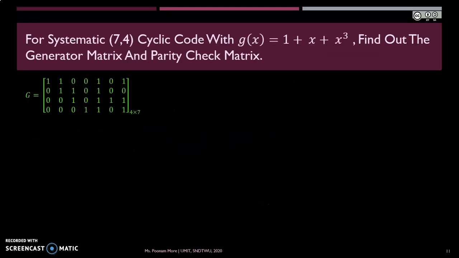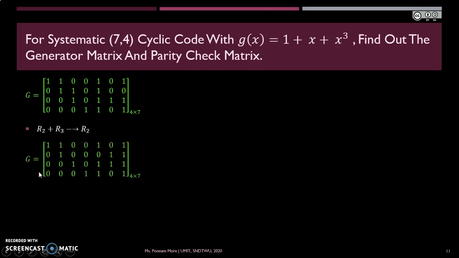The next row operation will be on row 2. We will modify row 2 by adding row 3 to it, and the resultant generator matrix will be in this form. If you observe closely, the first 4 rows and the first 4 columns are about to form an identity matrix.